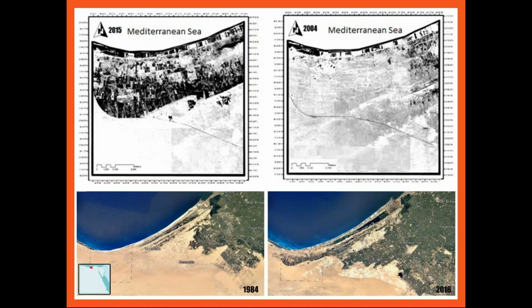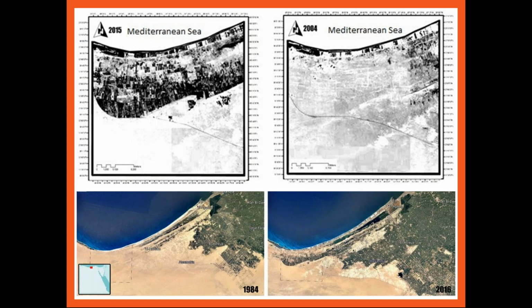These are satellite maps that present the human activity within the last 10 years. This is the Mediterranean coast. This is a protected area. The black color in the north area is a recreation area, tourism cities, and agriculture expansion.